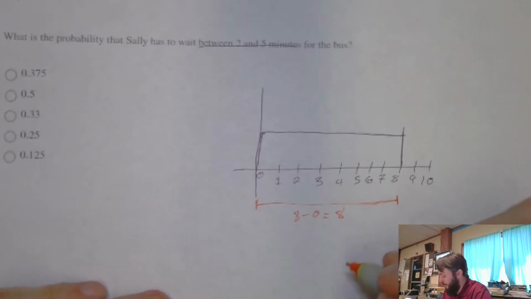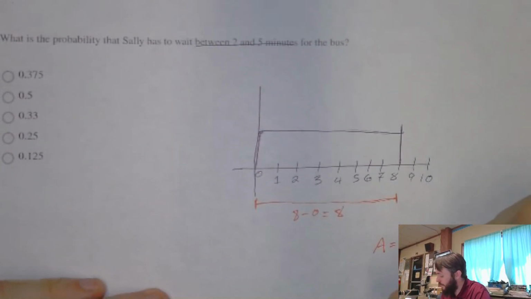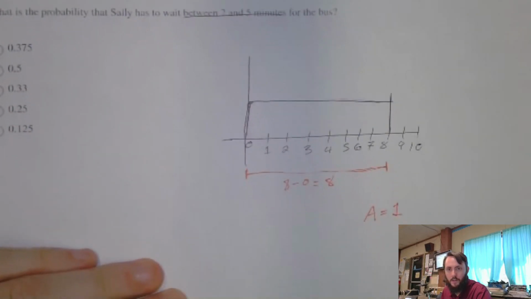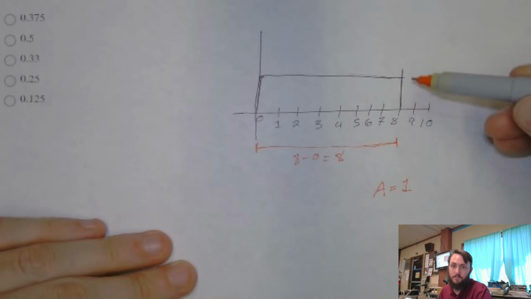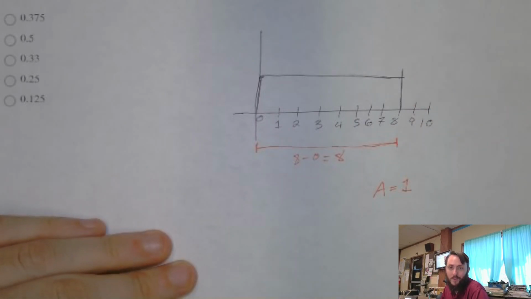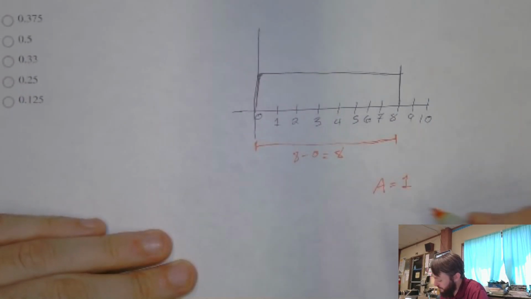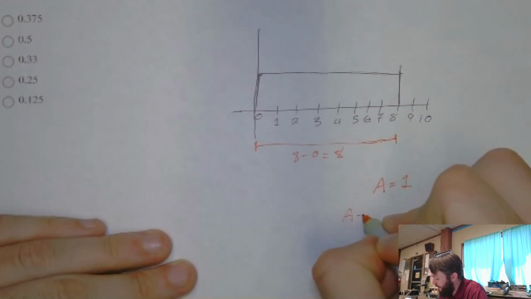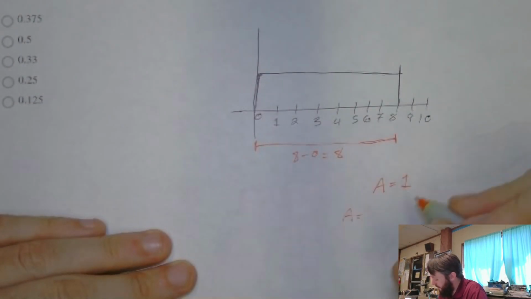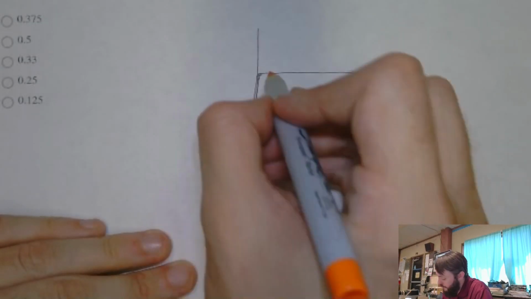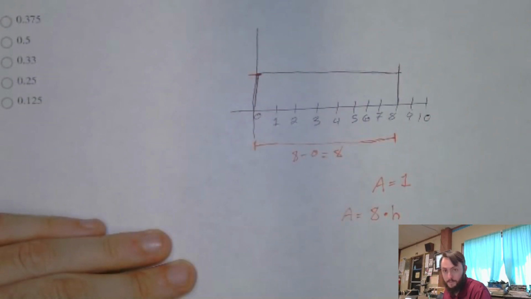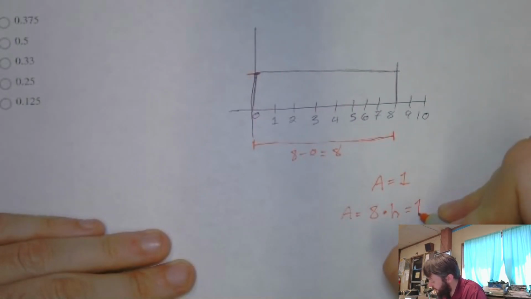Now, the area has to be equal to 1. And so area is length times height, or width times height. So that means the area will be 8 times some unknown value, h, for the height here, is equal to 1.